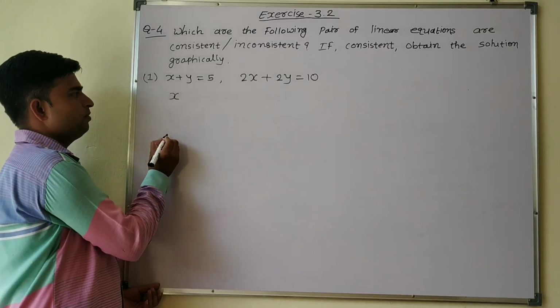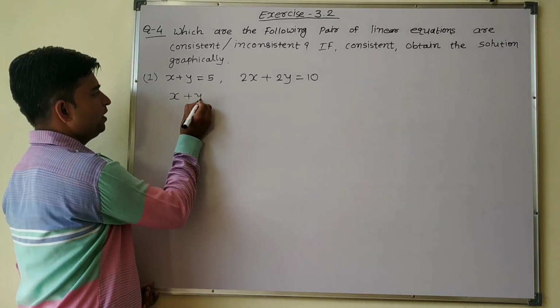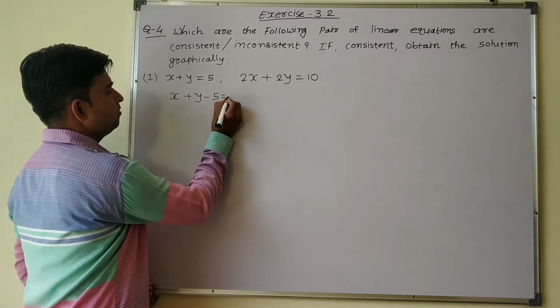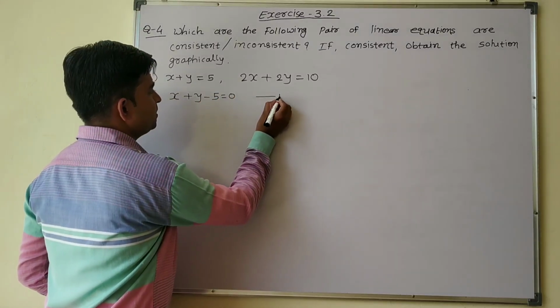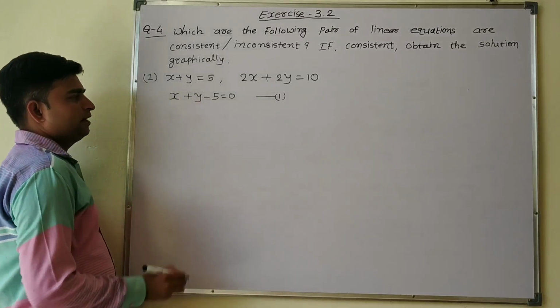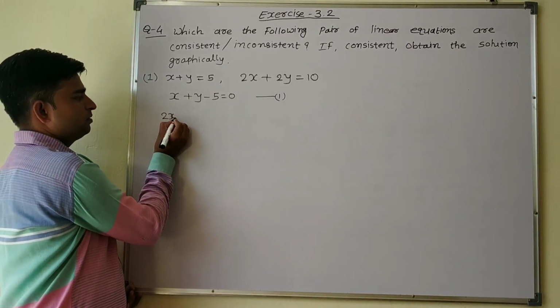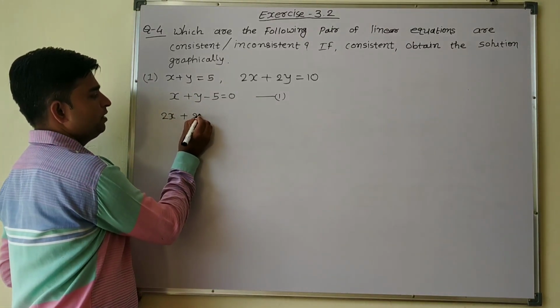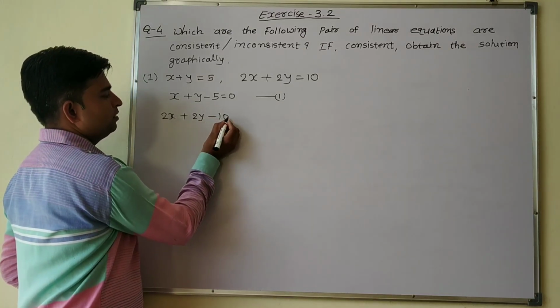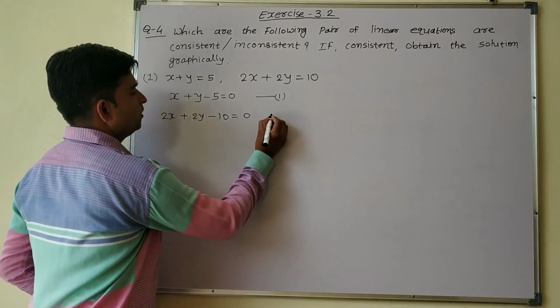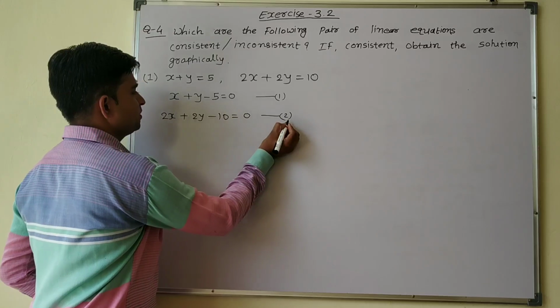The first equation becomes x plus y minus 5 is equal to 0. That is the first equation. And the second equation becomes 2x plus 2y minus 10 is equal to 0. That is the second equation.